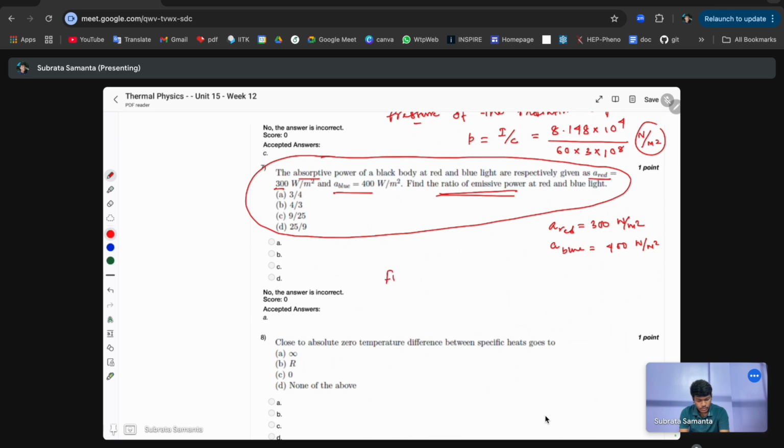So from Kirchhoff's law, absorptive power over emissive power, where E is emissive and A is absorptive, is basically constant.